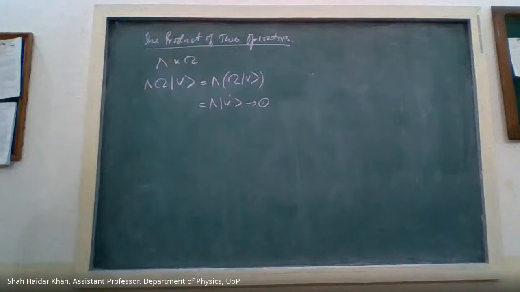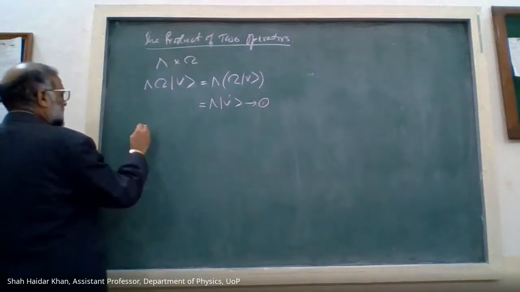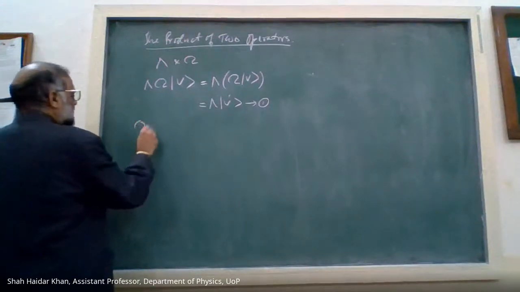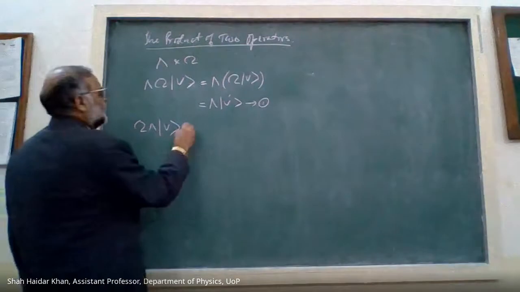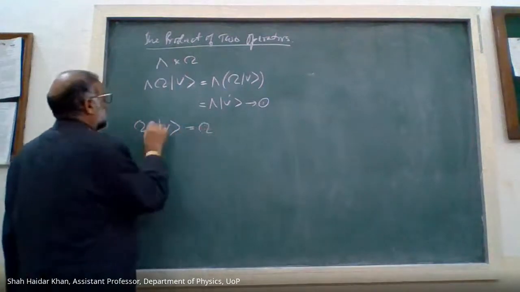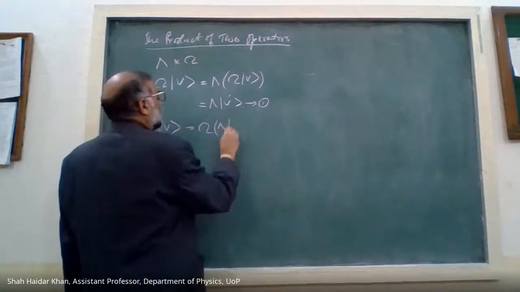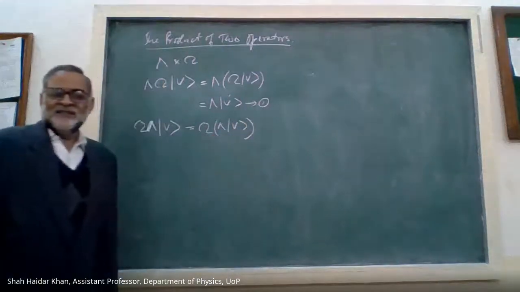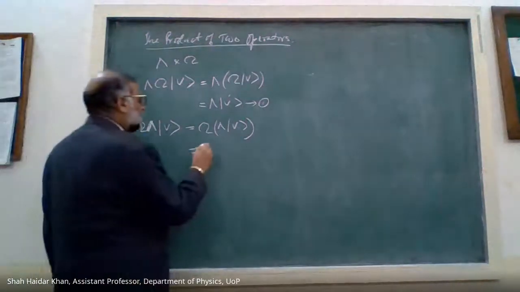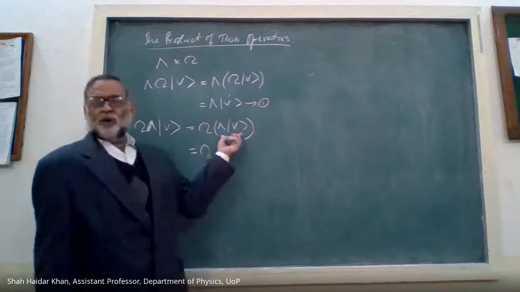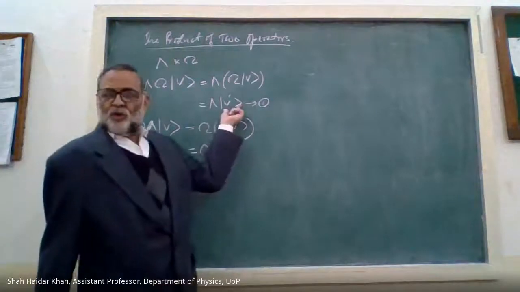We can check that in terms of omega lambda, it will be different. If you apply this, omega is here, and lambda will first act on V. Lambda is a different operator, so it will not turn it into V prime.